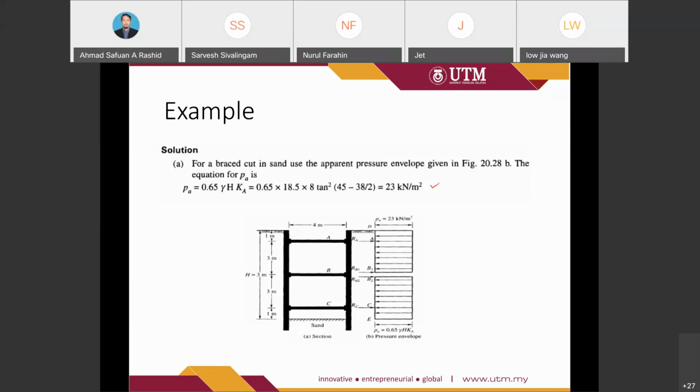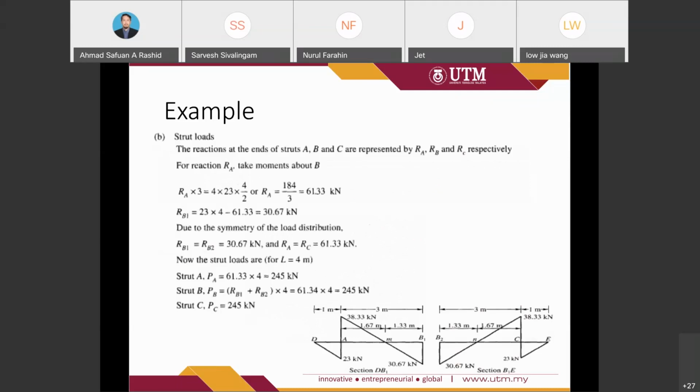Then this is the distribution diagram. Okay, in order to know what will be the stress, we need to construct the moment diagram.